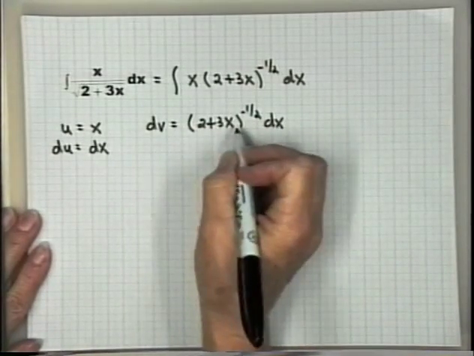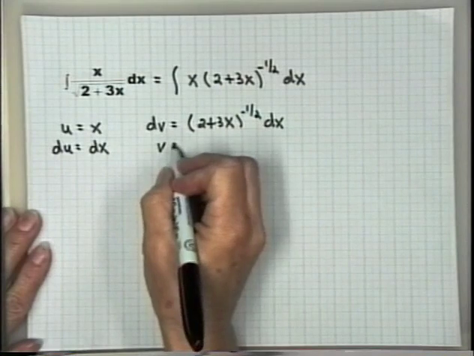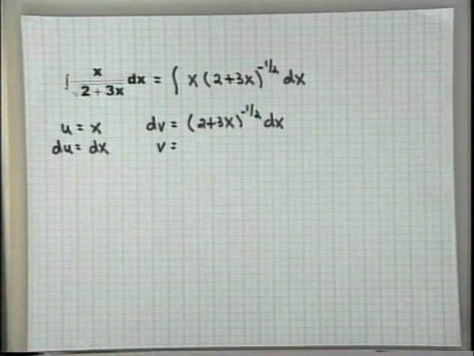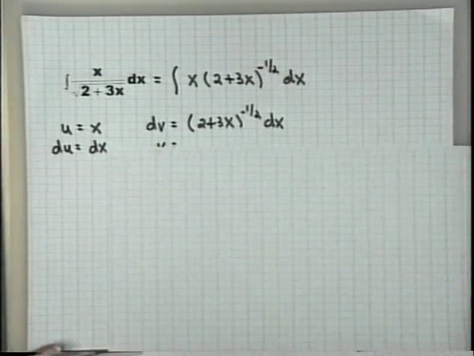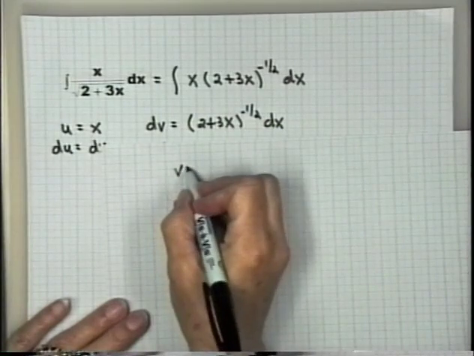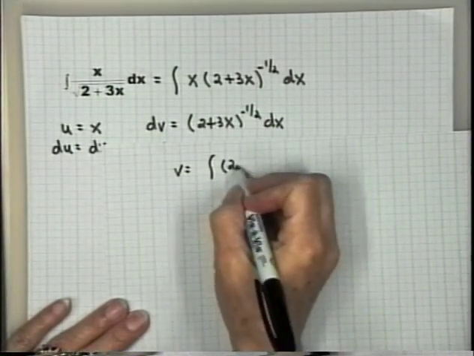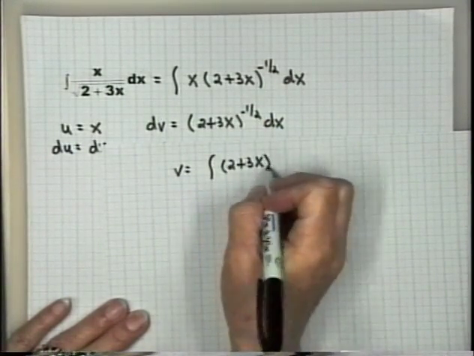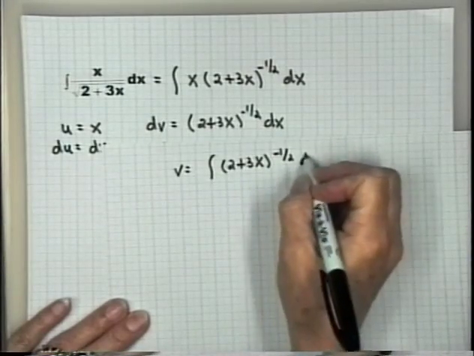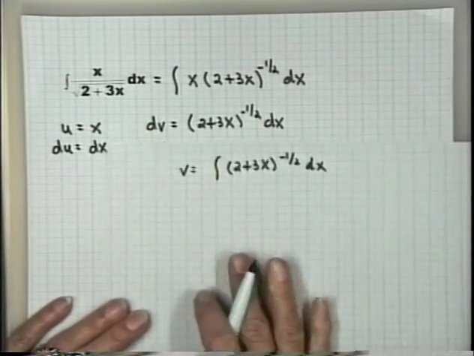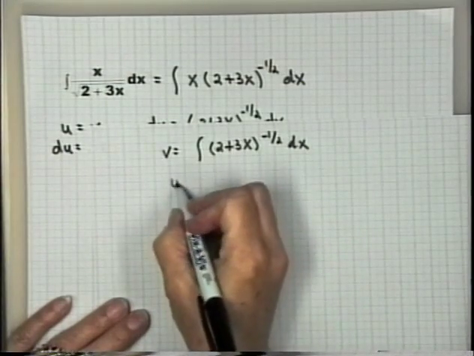Now that is really rather complicated looking for us to come up with a v, and so what I usually recommend to my students is to use some scratch paper. We're at the point where to get v, we need to find the antiderivative of 2 plus 3x to the negative 1/2. This integral can be done with a u substitution.